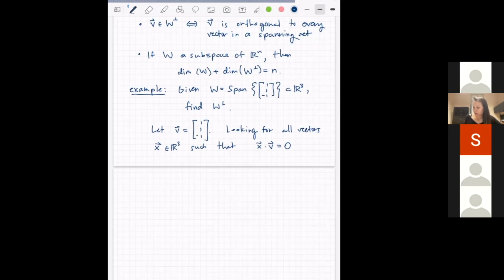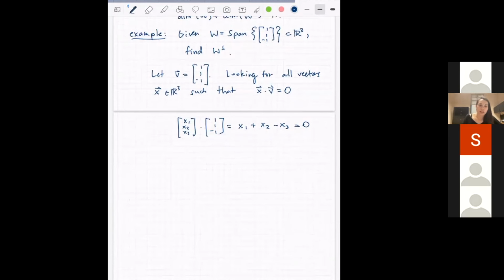So let's just write out what that would mean for a vector. We would have (x1, x2, x3) dotted with the vector (1, 1, -1), which if we write that out is x1 plus x2 minus x3. So when does this equal 0?